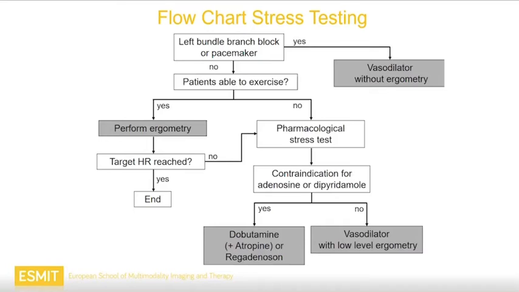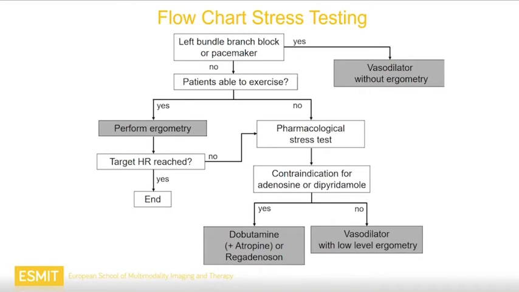If you have a patient able to exercise, you have to decide to perform ergometry, bicycle or treadmill test. It depends on your department. Why? Because to reach the target heart rate, and of course then to inject the tracer.